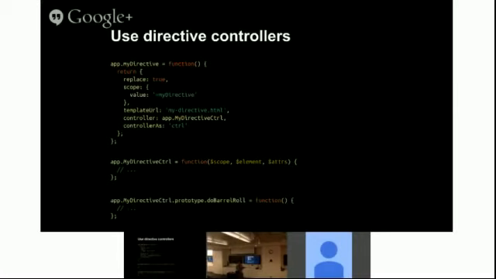And the controller for the directive is injected with 4 different things that are specific to directives. There's, well, I guess $scope isn't, but $element, $attrs for the attributes, and there's also $transclude, which is the pre-bound transcluding linking function if you are using transclusion. I did not include that in this example.